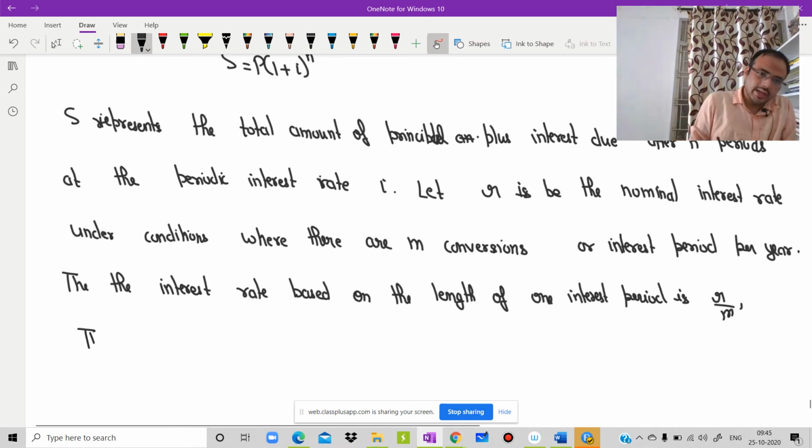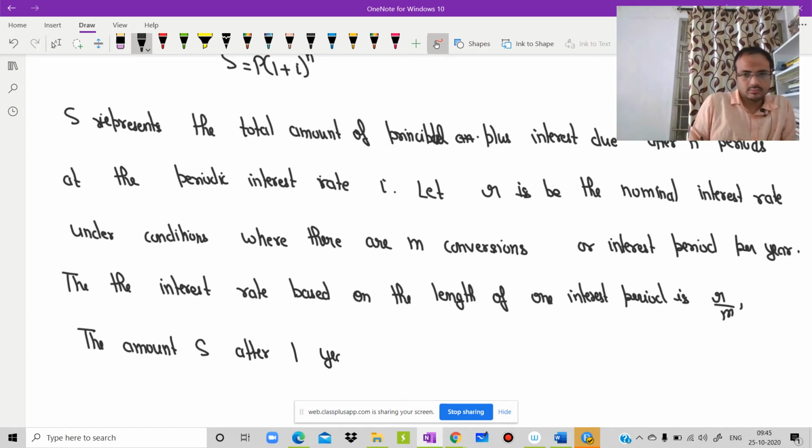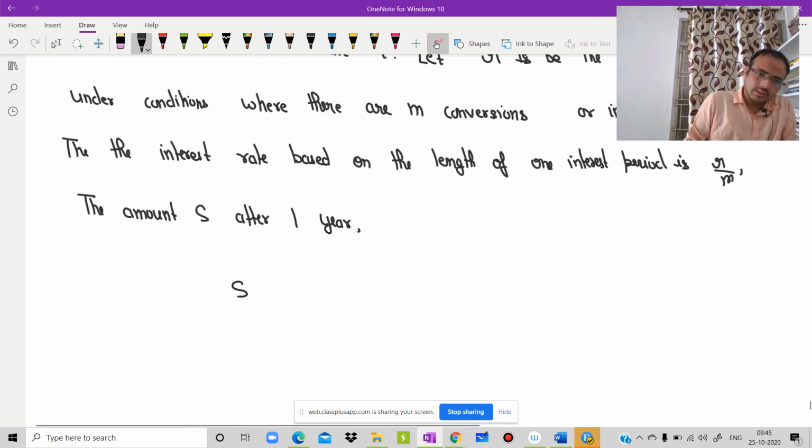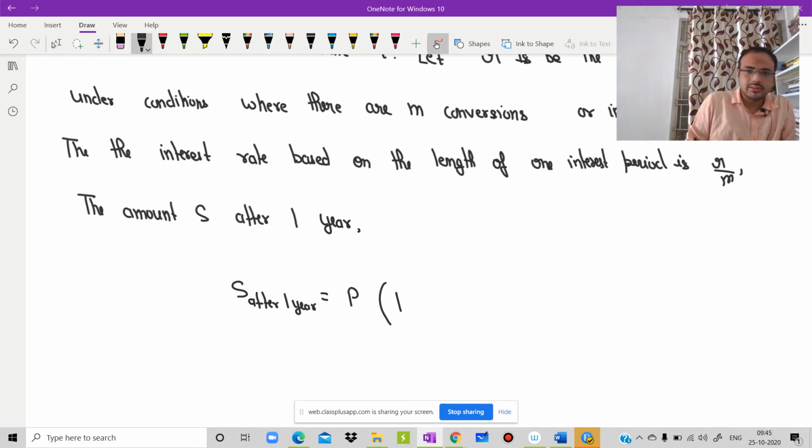So you can write the amount after 1 year, that should be equal to S after 1 year = P(1 + r/m)^m.